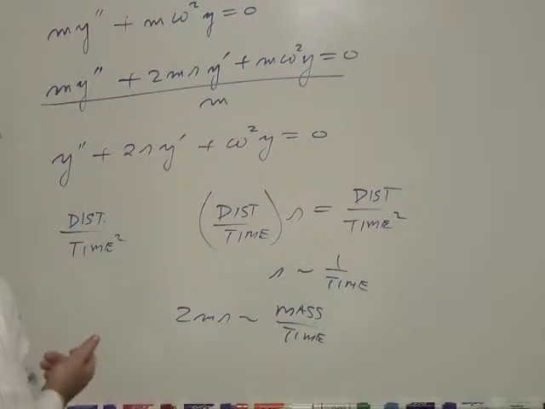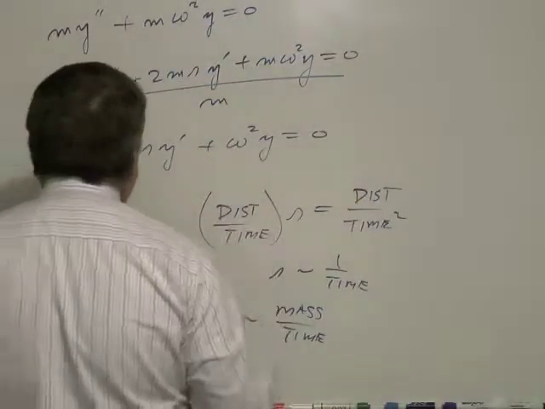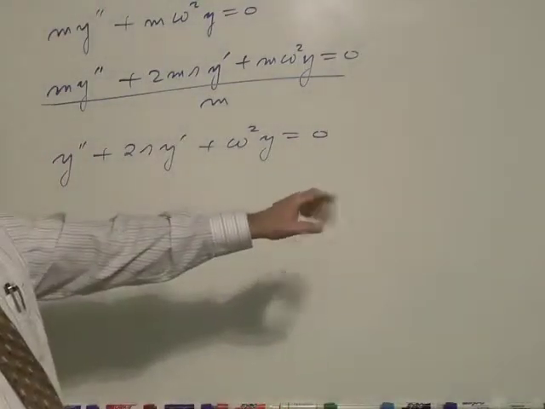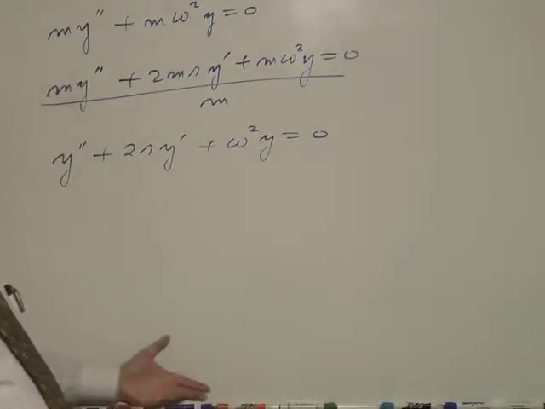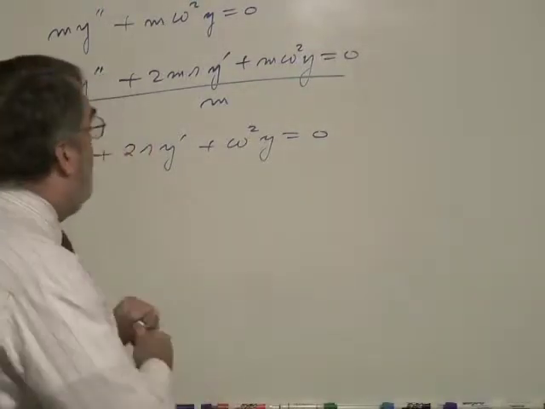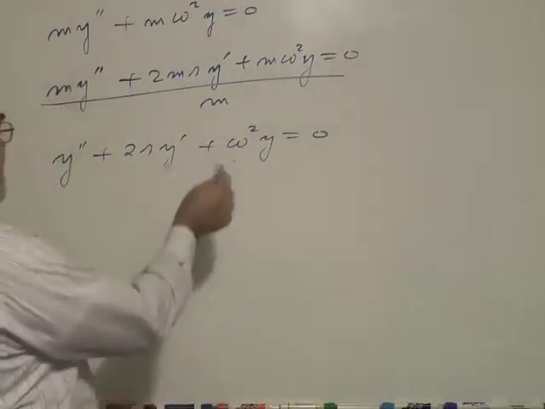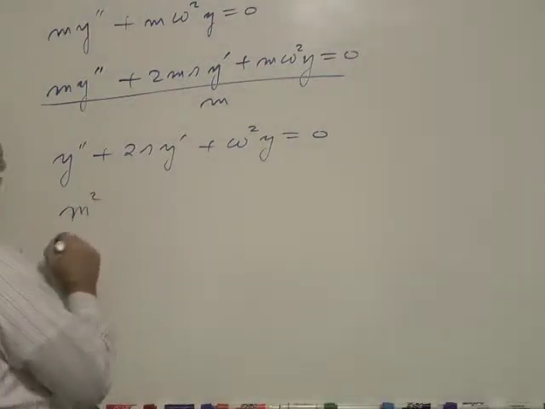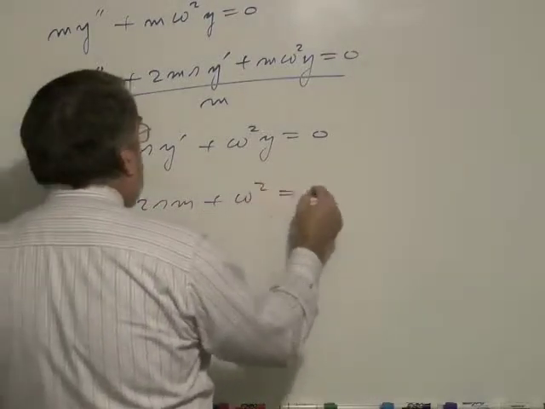All right, I think it's very good to look at units and get all that kind of squared away. So here we have a second order linear differential equation with constant coefficients, homogeneous, and so our typical method of doing this is by looking at the characteristic equation. And the complementary solution is the solution to the differential equation. And so our characteristic equation is m squared plus 2rm plus omega squared equals 0.